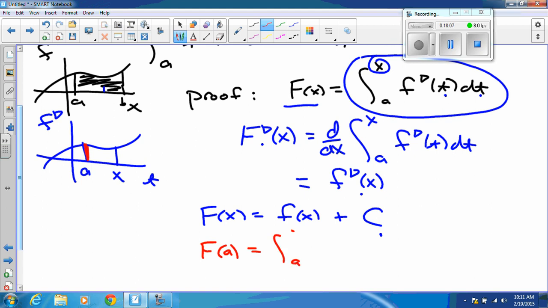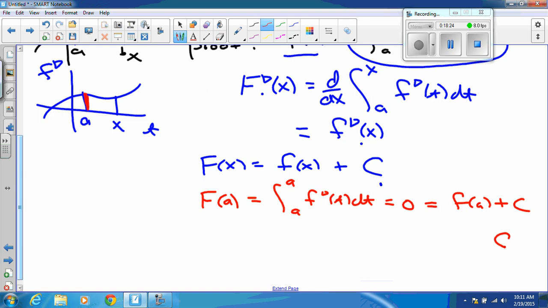So therefore, big F of a, which is the integral from a to a of f prime, is equal to 0, and so that must equal little f of a plus the constant c. And that being the case, my constant c has to be equal to negative little f of a.